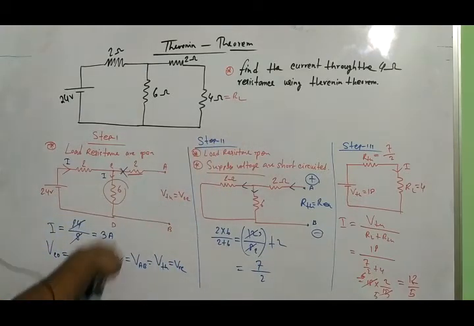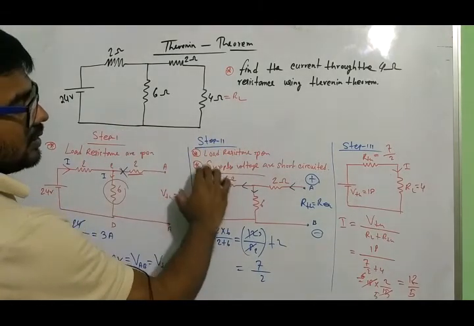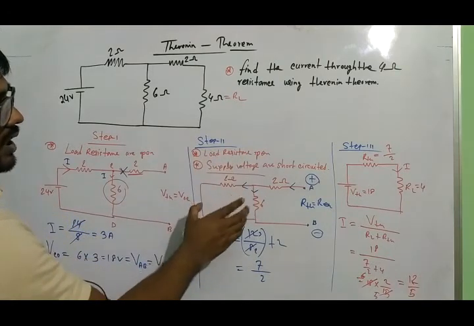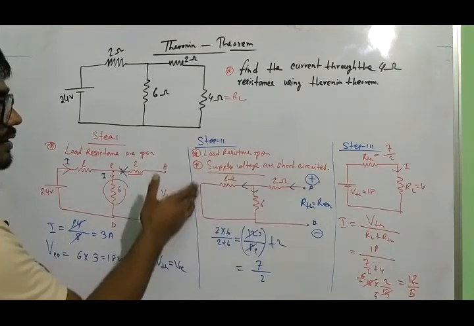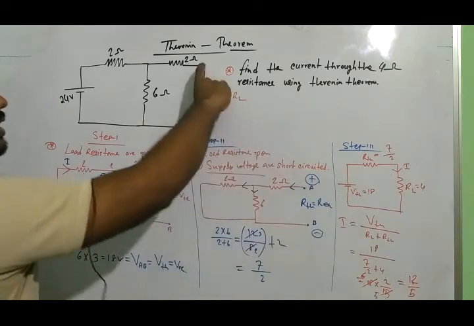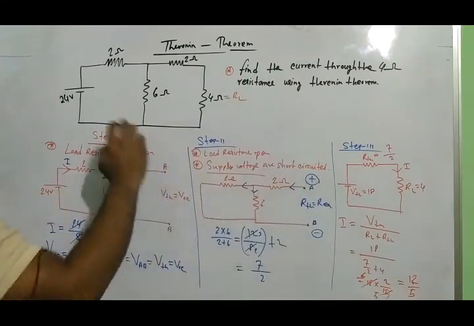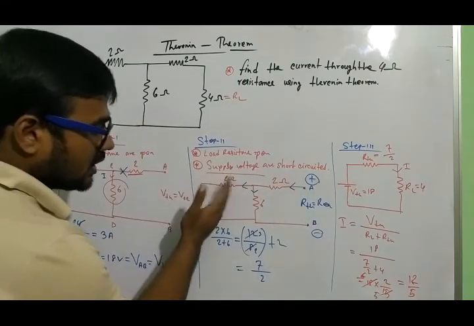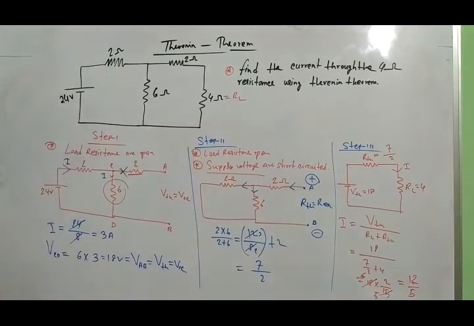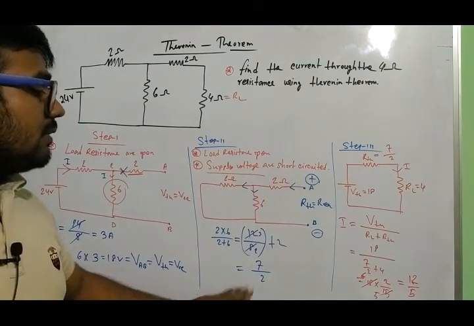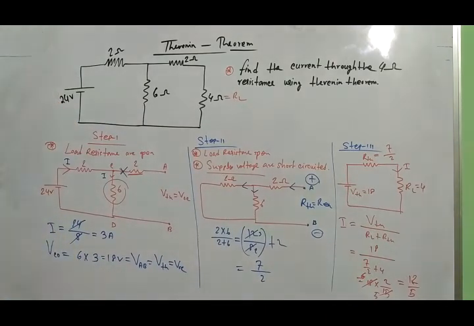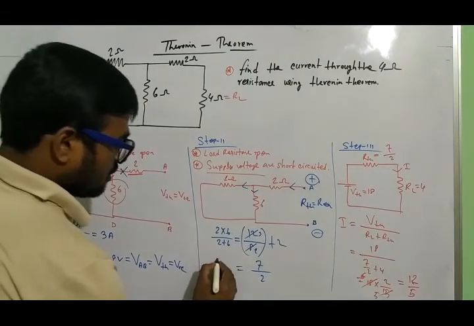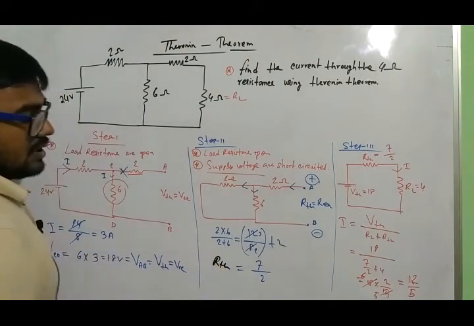Now from these two conditions, I draw my circuit: short circuit, open circuit, load resistance open, supply short. From this circuit we get the equivalent resistance. So this is our RTH.